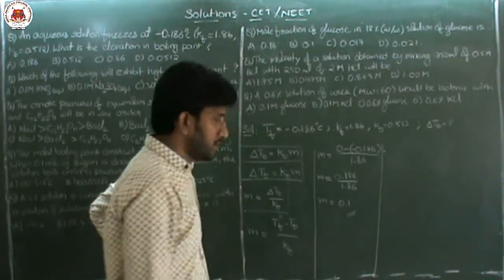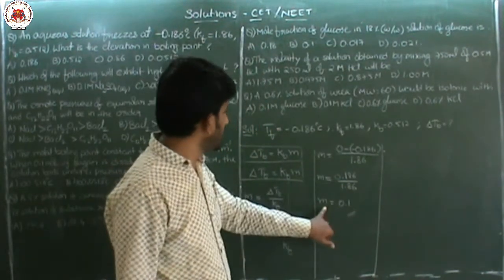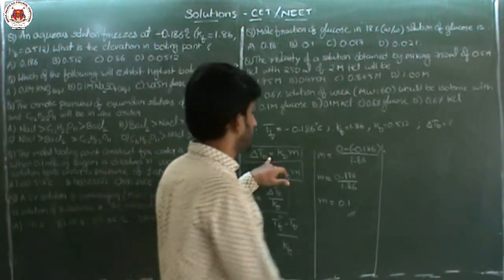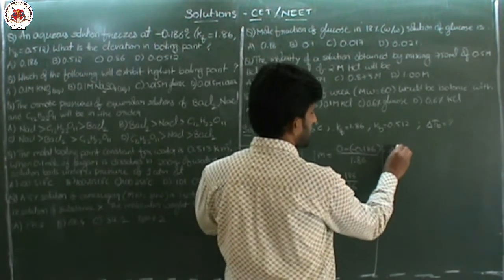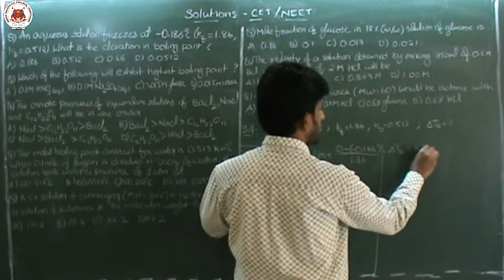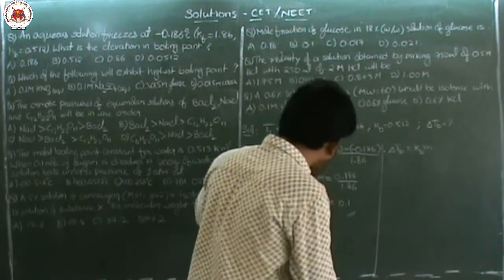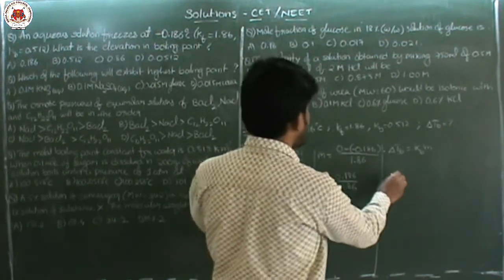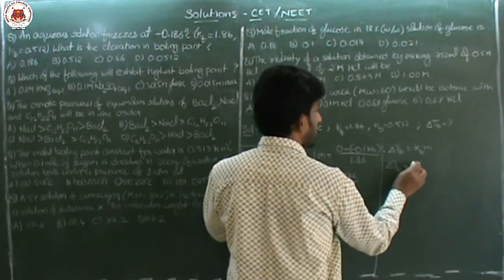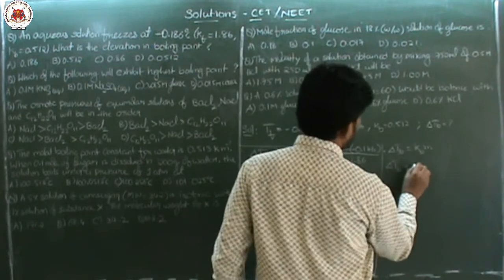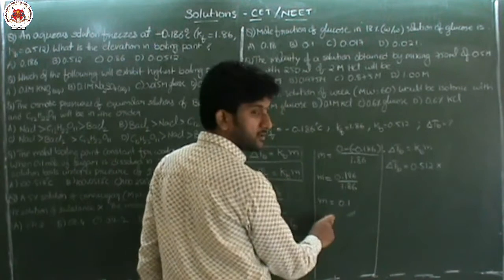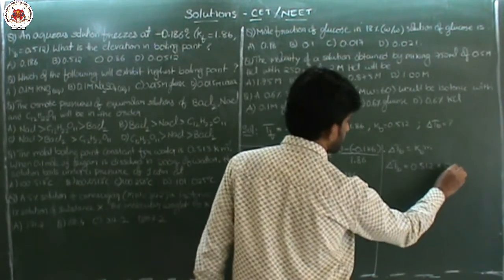Now by using this molarity you can calculate delta Tb, no? So what is the formula now? Delta Tb is equal to Kb into molarity. Now delta Tb, the elevation in the boiling point, is equal to Kb, which is given as 0.512, and the molarity you got is 0.1.